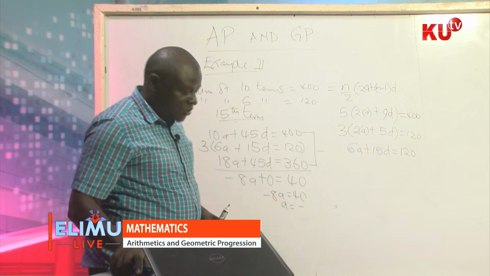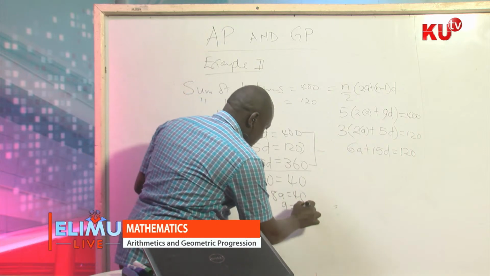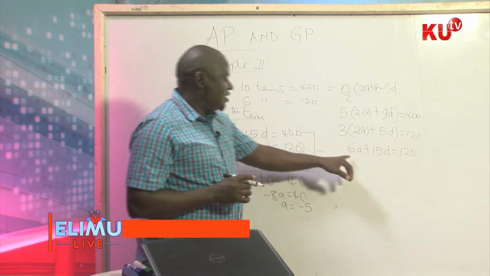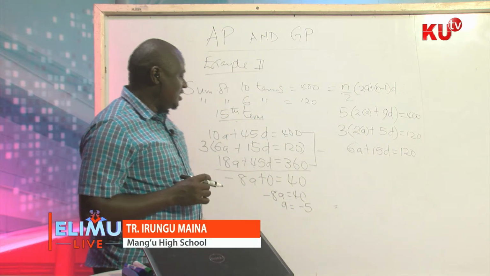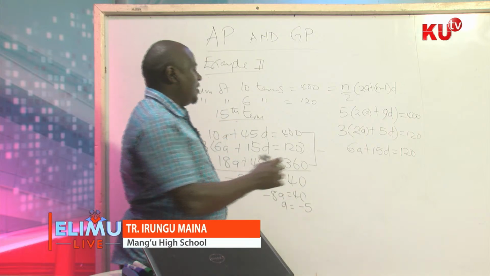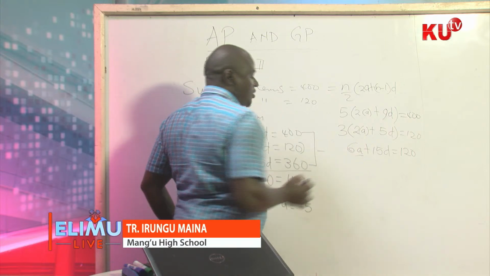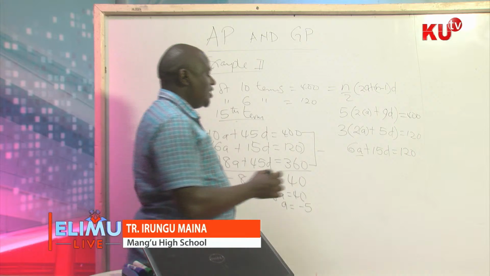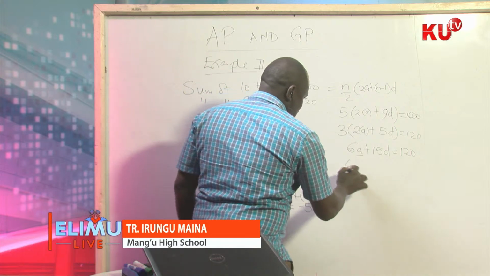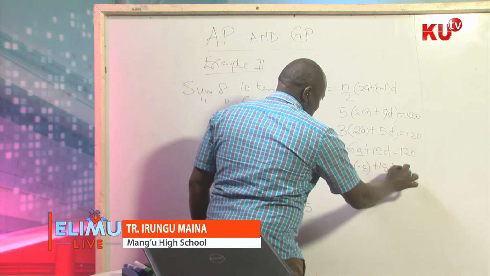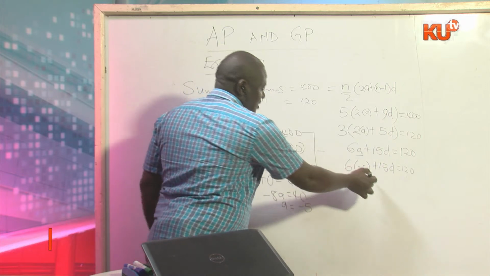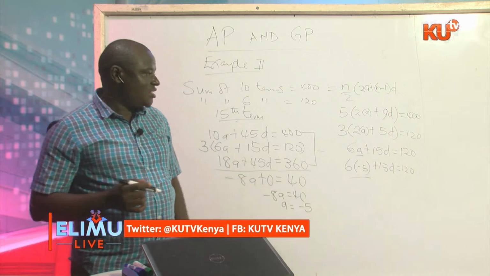We have gone back to the second equation. 6A plus 15D equals 120. We replace A with negative 5 as we have found out. Then we have 6 into bracket negative 5 plus 15D equals 120. In that case, this is a negative 30.